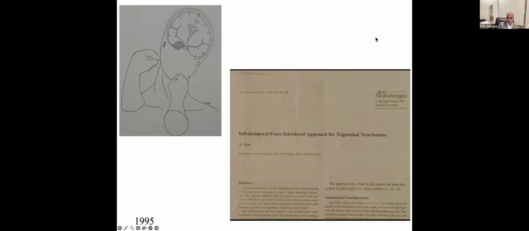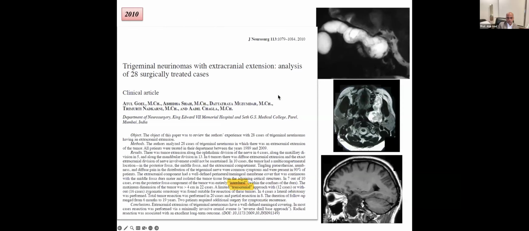For extracranial tumor, we described interdural approach to trigeminal neurinomas for V1, V2, V3. And if you read this article carefully, we describe middle fossa, means reverse transcranial approach for removal of extracranial part of this tumor. This paper is also very solid paper, and I wish that you can read this paper. Then we described middle fossa approach for facial nerve, how to work within the dura and remove.